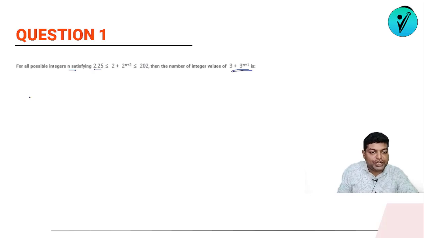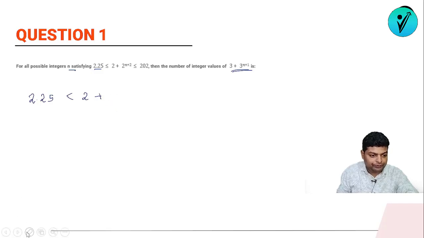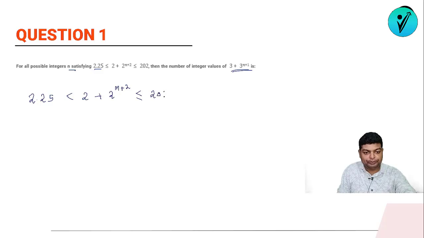Now, I have 2.25 here, which should be less than or equal to 2 plus 2 to the power of n plus 2, and that should be less than or equal to 202.